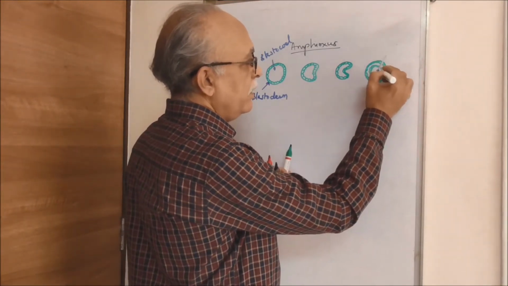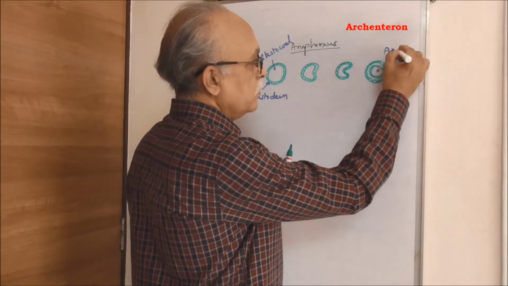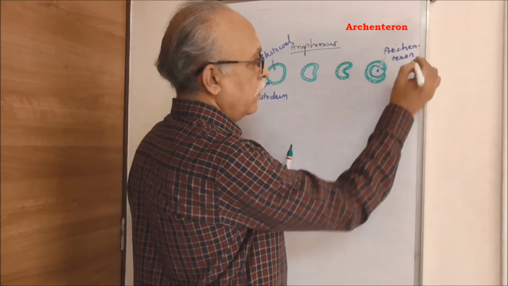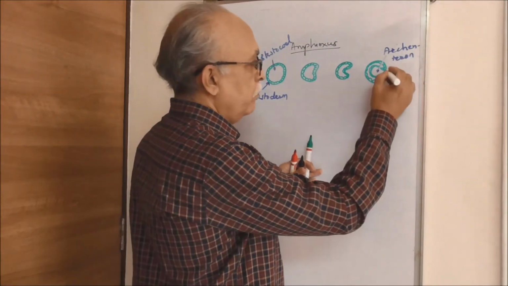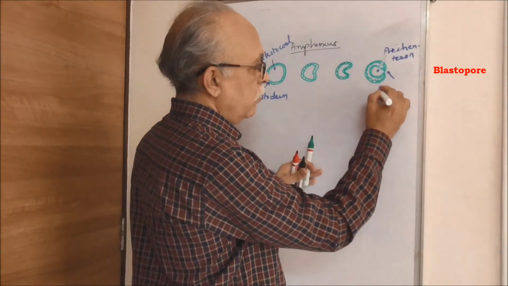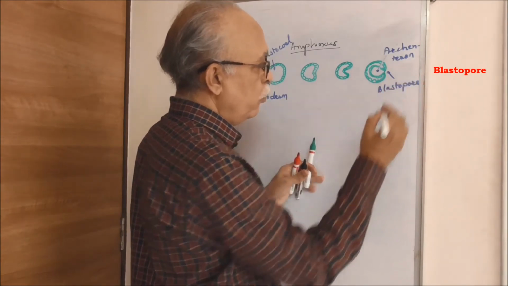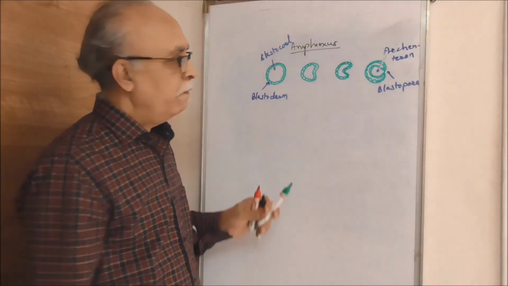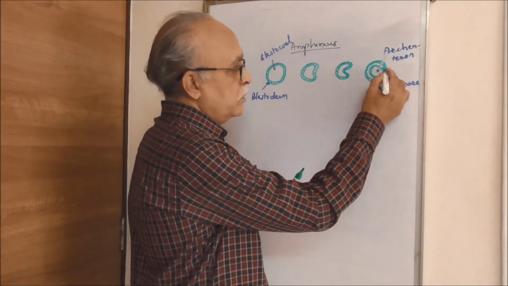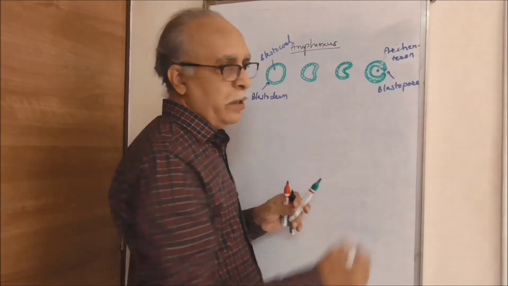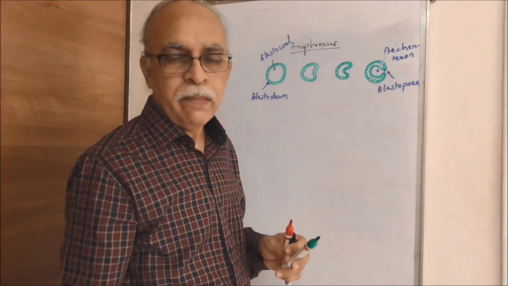The new cavity that's developed is called the archenteron. The opening is called the blastopore. This becomes the upper layer covering the blastopore. This is the lower layer covering the blastopore.